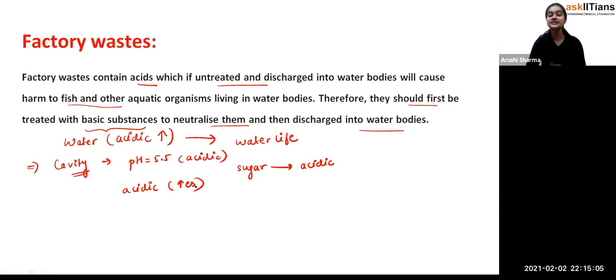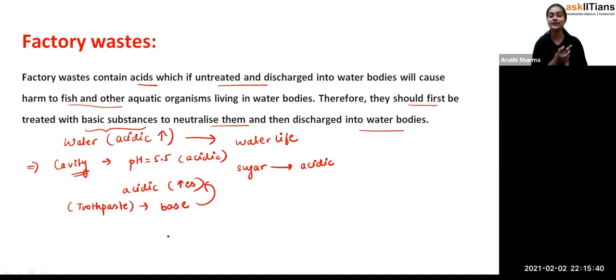But what you can do, and I can assure that you all do this daily, is always brush your teeth on time. The toothpaste we use contains some base, and that base neutralizes the extra acid formed inside our mouth due to the consumption of chocolates and toffees, and that's how we don't get cavities.